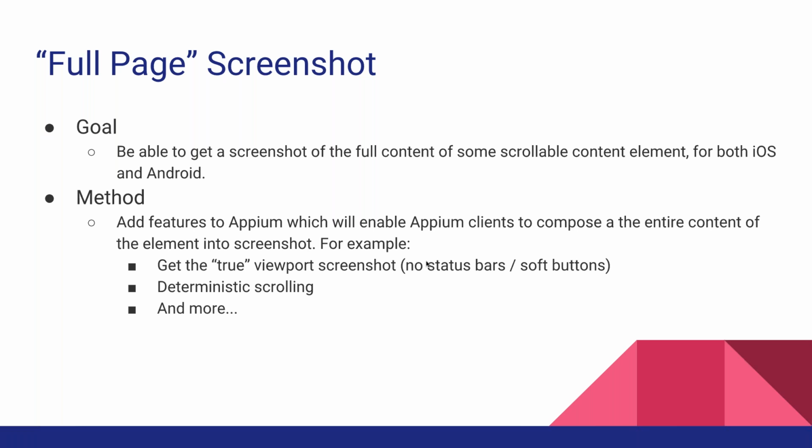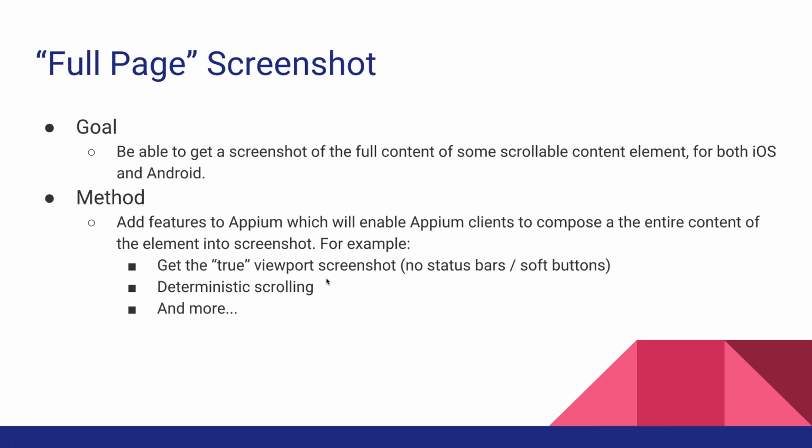One of them, for example, was getting the true viewport screenshot, which means no status bar or soft buttons. The other was deterministic scrolling, which was something that was missing for us. The swipe method, for example, wasn't deterministic, which means that if you did swipe with the same values multiple times, you wouldn't move the same amount of pixels.